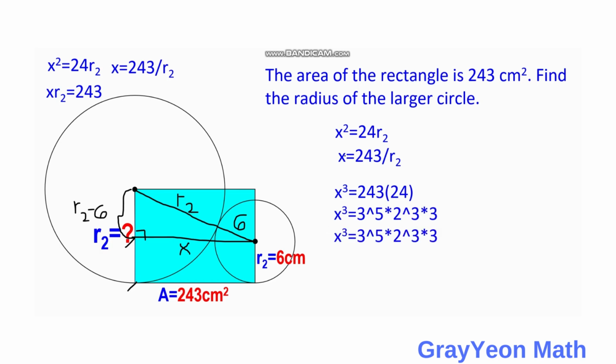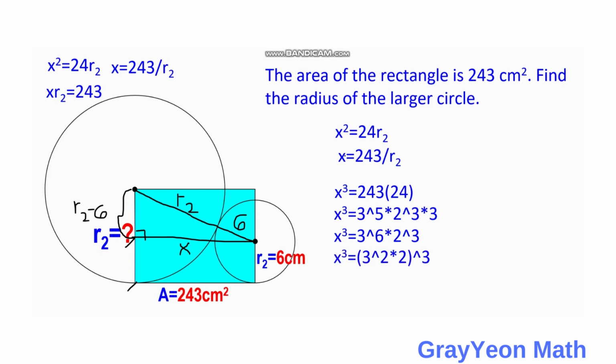Next, we can write 3 to the 5th times 3 as 3 to the 6th power, and we take the cube root of the right hand side.